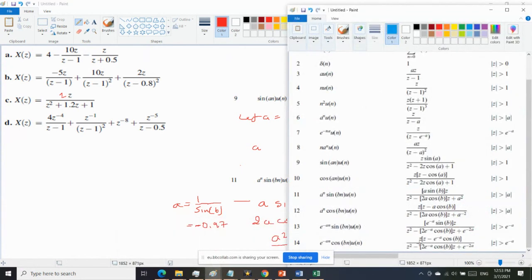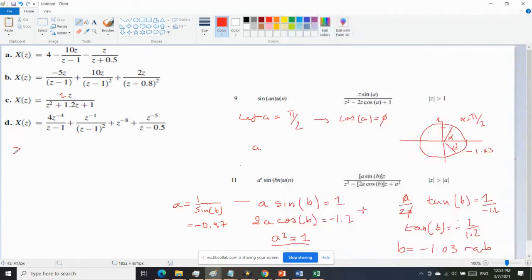So what about this? Yes, we can use partials. So let's do partials. What is that squared?